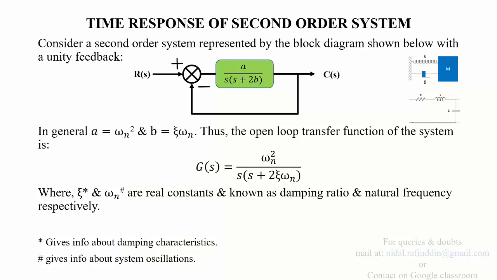In the first order system we saw that no oscillation is present, so a first order system never exhibits oscillations. In a second order system, you will see that in some stages it will exhibit oscillations, and that is why we have the term omega n.